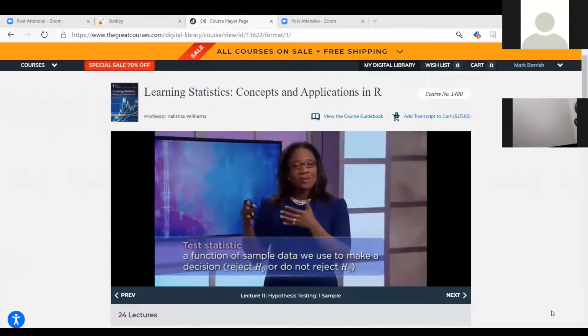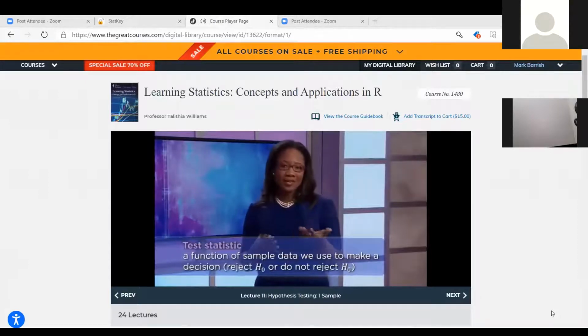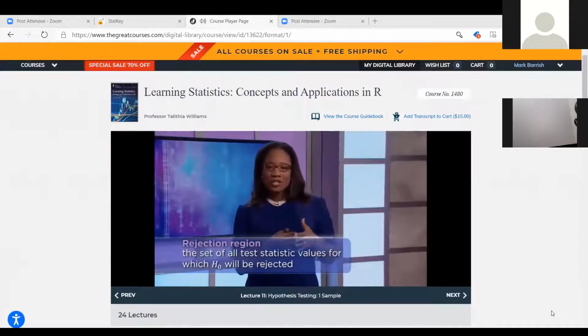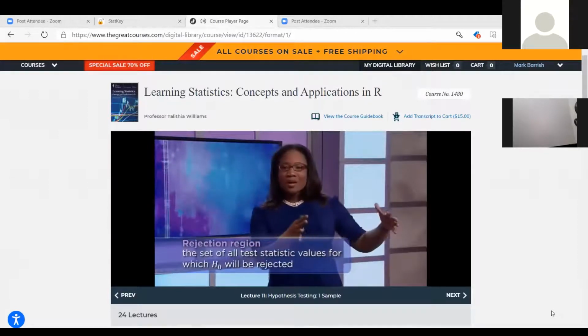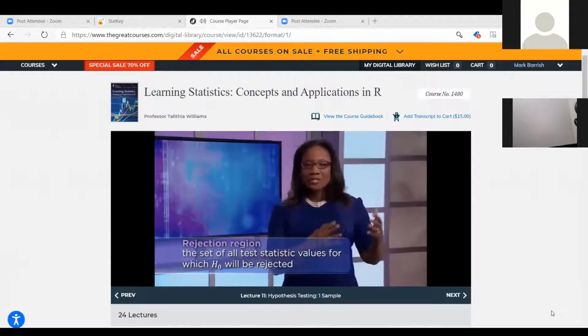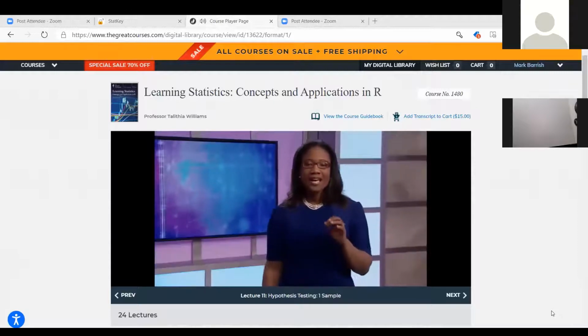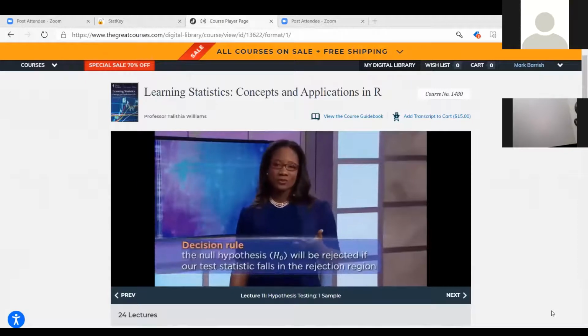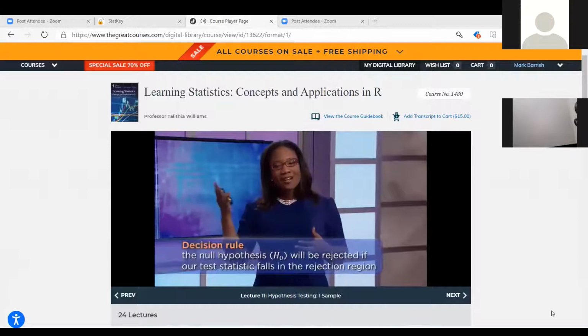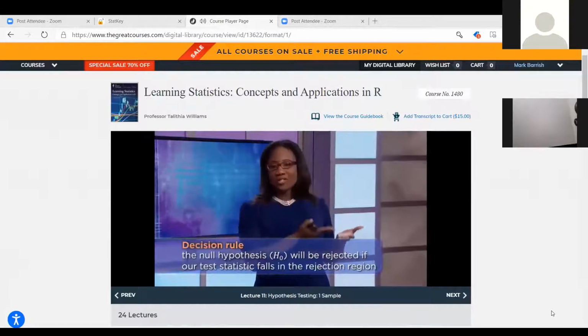So that decision is going to be based on this test statistic that we calculate from our sample. Secondly, we need a rejection region. So this is going to be the set of all test statistic values for which the null hypothesis would be rejected. And then finally, we need a decision rule, right? So we're going to reject our null hypothesis if our test statistic falls in the rejection region.